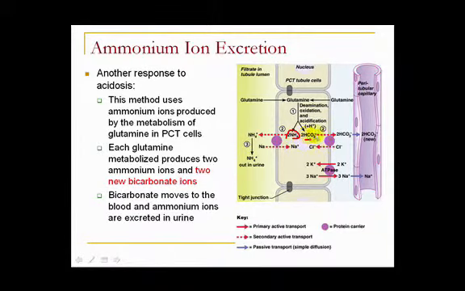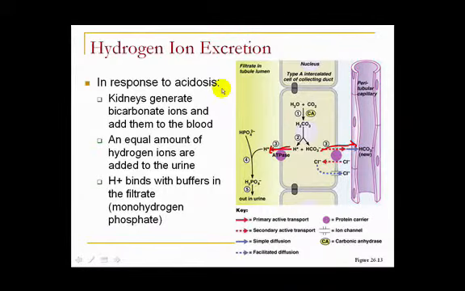And these 2 bicarbonates are going to be absorbed into the blood, not reabsorbed, because they're new, and then the ammonium is going to be excreted. Actually, what happens is you produce ammonium, which then binds with hydrogen to become ammonia, and you're going to excrete it.